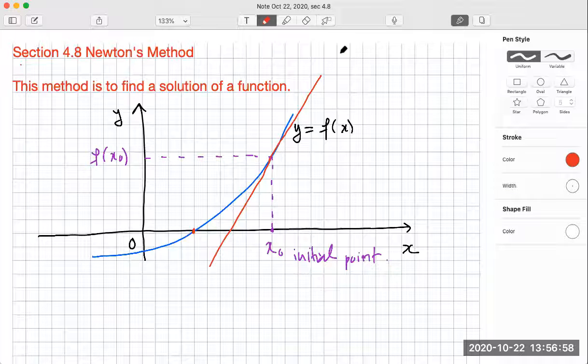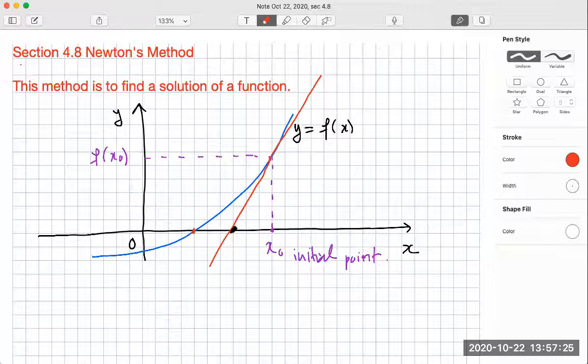Okay? Can we find the tangent line of this? And what is it? The red line here is the tangent line, which is also the linear approximation of the function at this point, right?